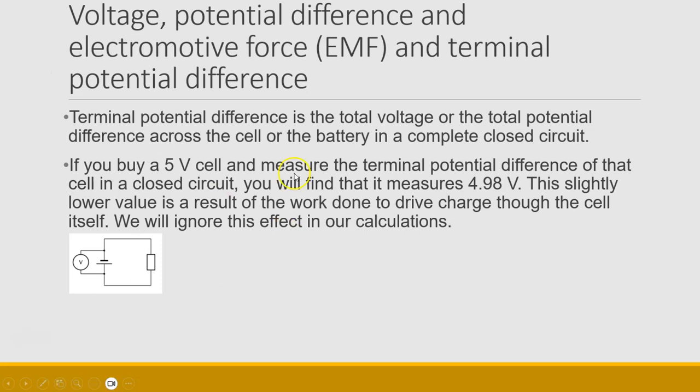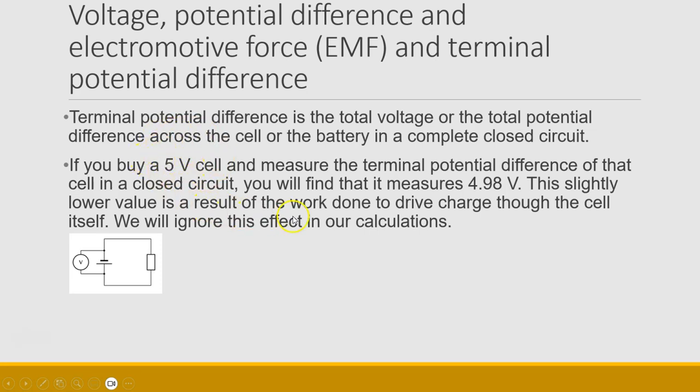But once it is connected to a closed circuit and electricity is running through the circuit, you'll find that the voltage across the cell is going to be just a little bit less than the 5 volts. So it would be something like 4.98 volts. That is a slightly lower value than the full voltage of the cell.